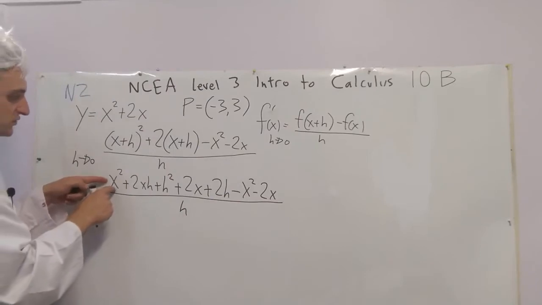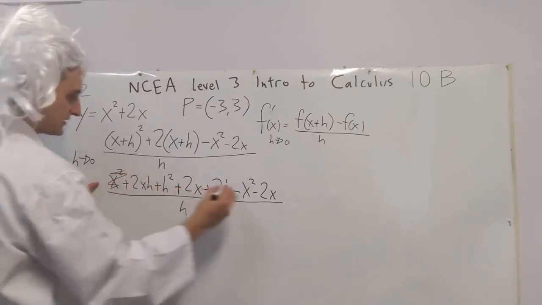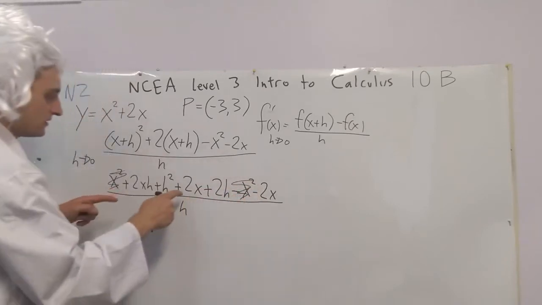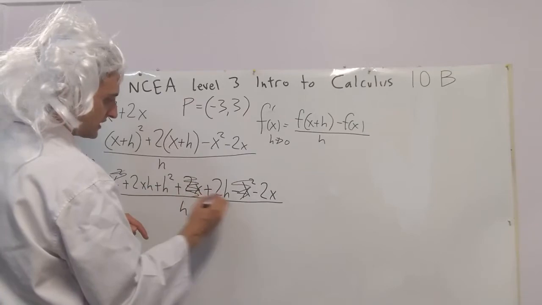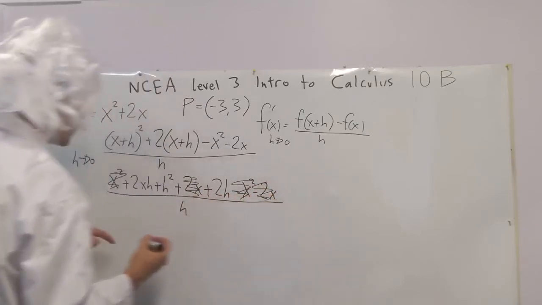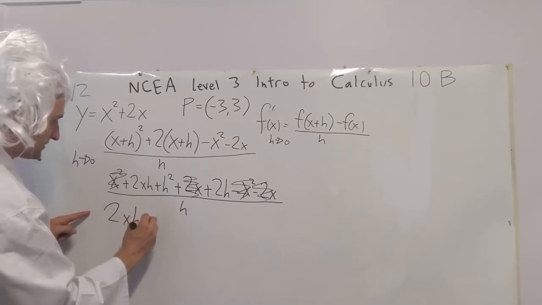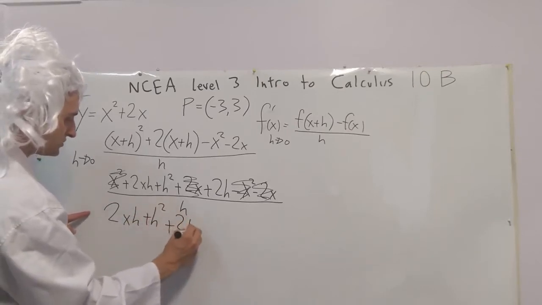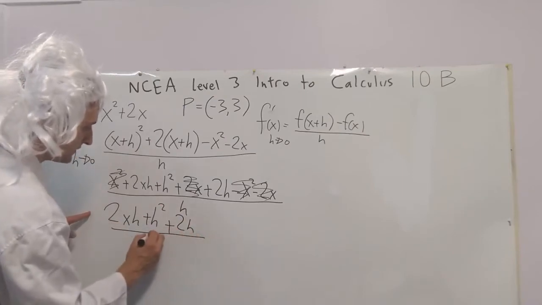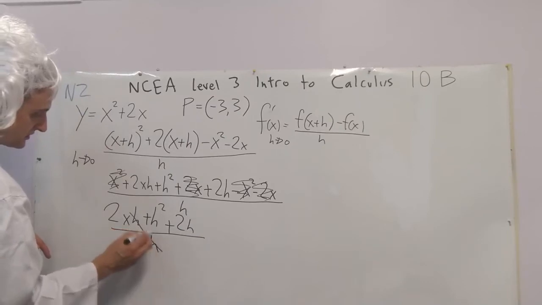Now we can see x squared minus x squared, these cancel out. Plus 2x minus 2x, these cancel out. So what we're left with, 2xh plus h squared plus 2h divided by h. This h cancels.